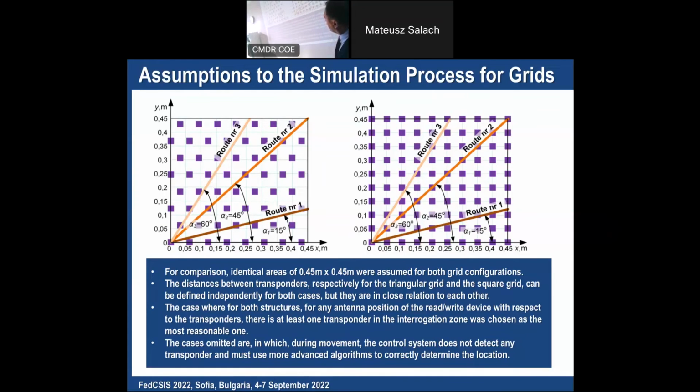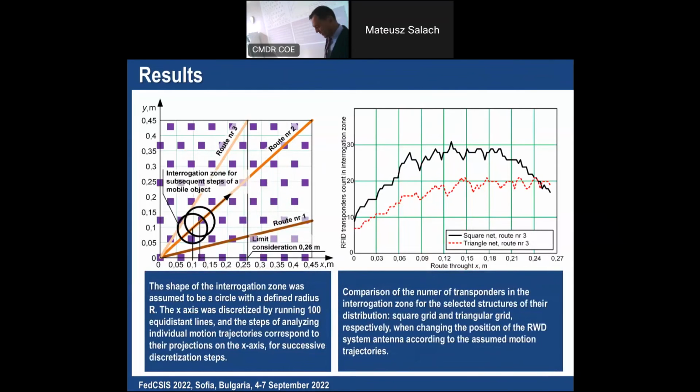And from the simulation, we can achieve the results. I present here just one result for route number 3 in the paper. It is presented in a slightly different way.